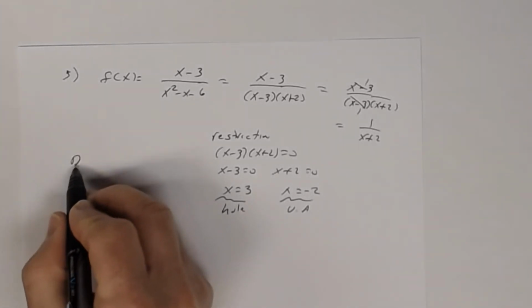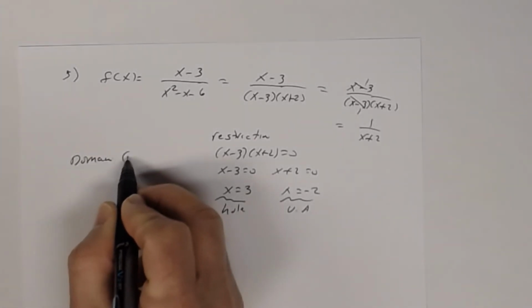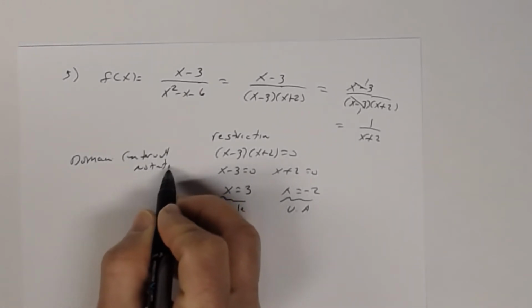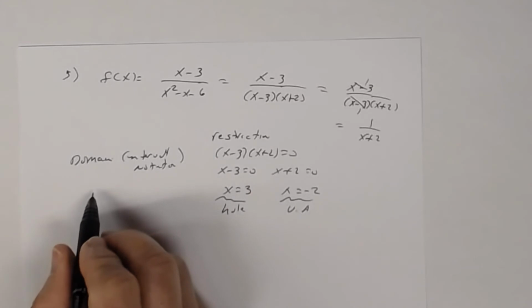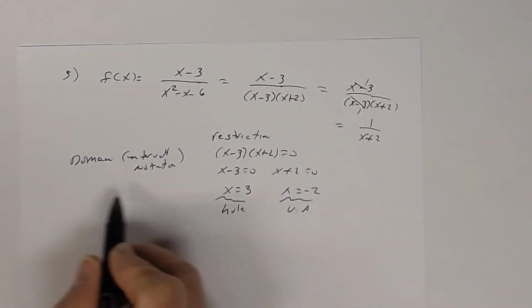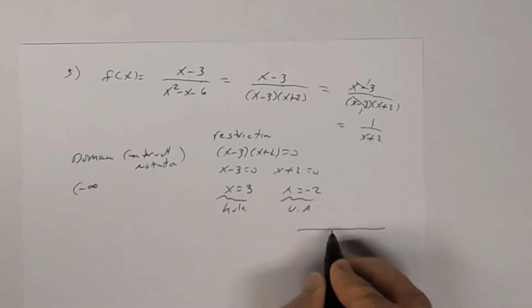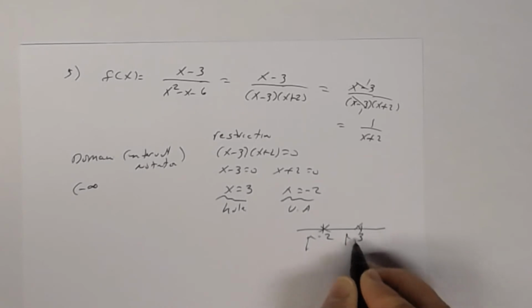So let's talk about domain now. Domain in interval notation is this. You're going to say negative infinity. Oh, let's put this on the number line. It helps. In order, negative 2, 3, cross those out. You have 3 intervals.